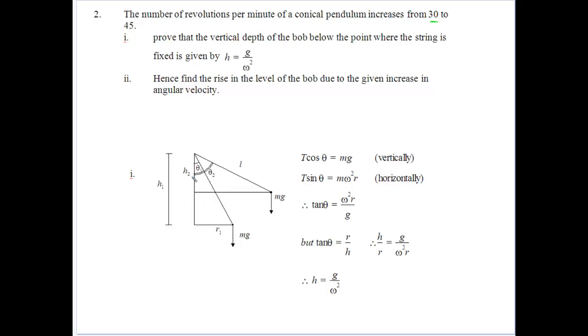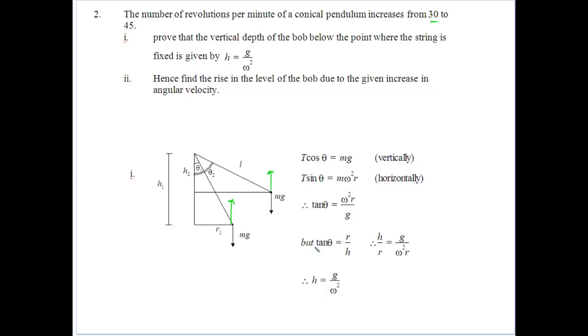So vertically, what do we know? We know that t cos theta is acting that way both times. So it's going to be equal to mass times gravity, because mass and gravity are going to stay the same there. And we get t sine theta is acting inwards, equal to mass times omega squared times r. So dividing these two, the t's cancel, sine on cos gives us tan, mass cancels, and we get omega squared r on g.